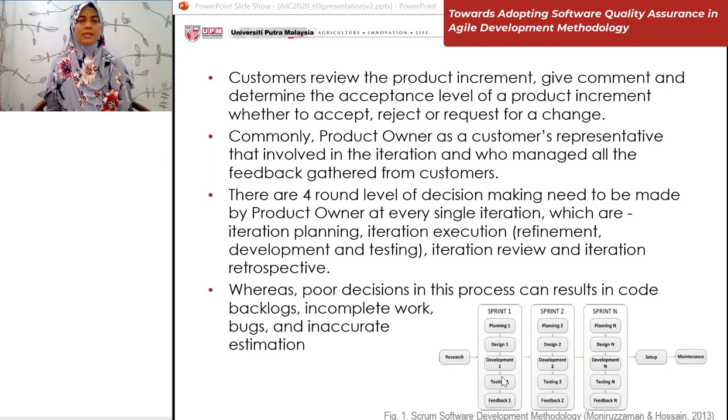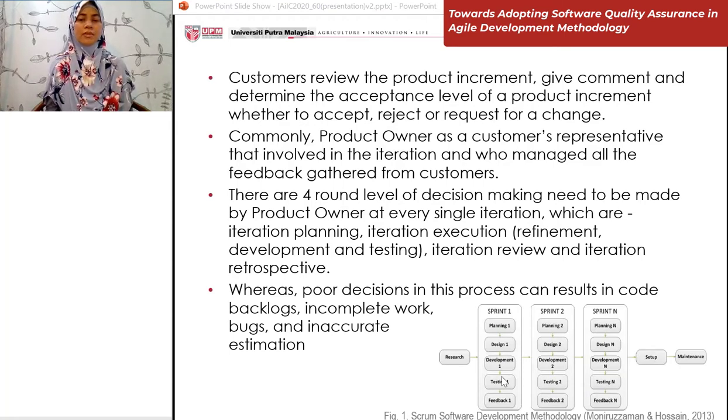In Agile Scrum, customers review the product increment, give comments, and determine the acceptance level of a product increment, whether to accept, reject, or request a change. Commonly, the product owner is the customer representative involved in the iteration, and is also the one who manages all the feedback gathered from customers.